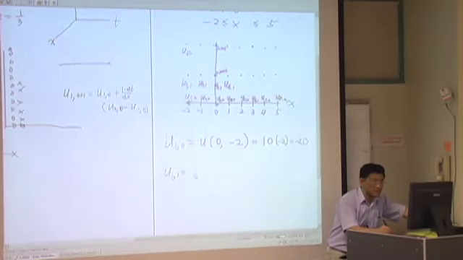U10 is -20, right? U10 is -20 plus delta t is 0.0005. Delta x is 1. And then U20 is minus 10 minus U10, negative 20.